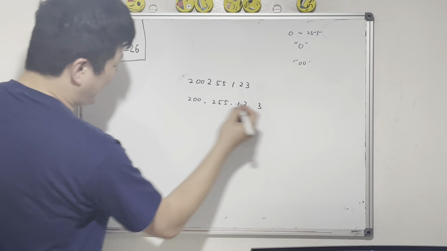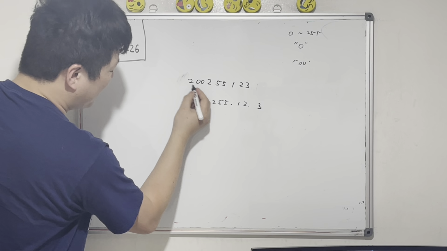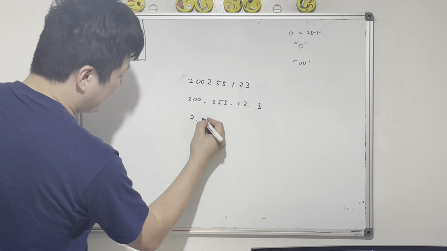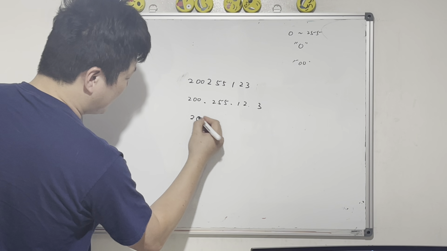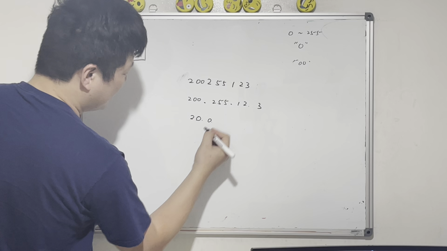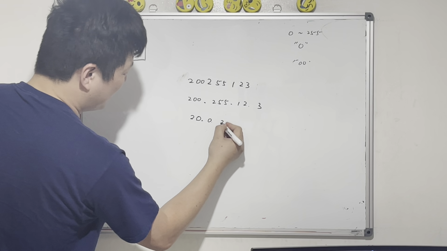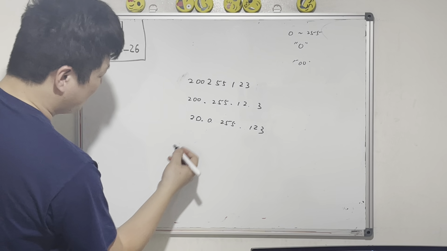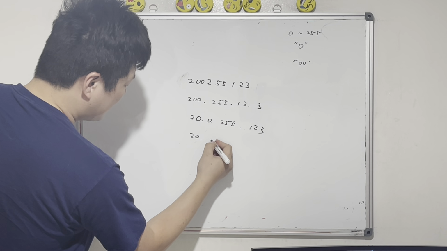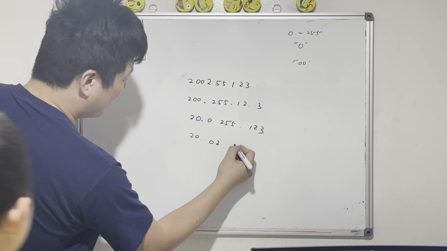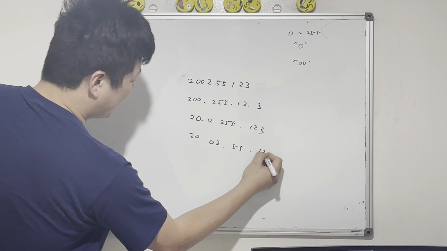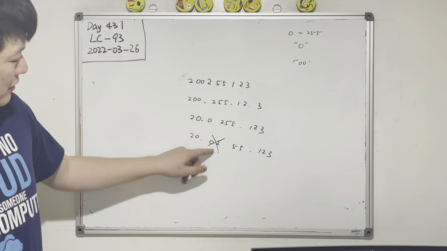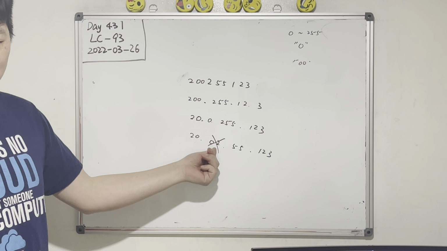Yeah, it could be many. For example, if you want to have a 0, you can only have 20.0.255.123. That could be one example. But you can't have 2.00.255.123, because this has a leading 0, which is not valid.